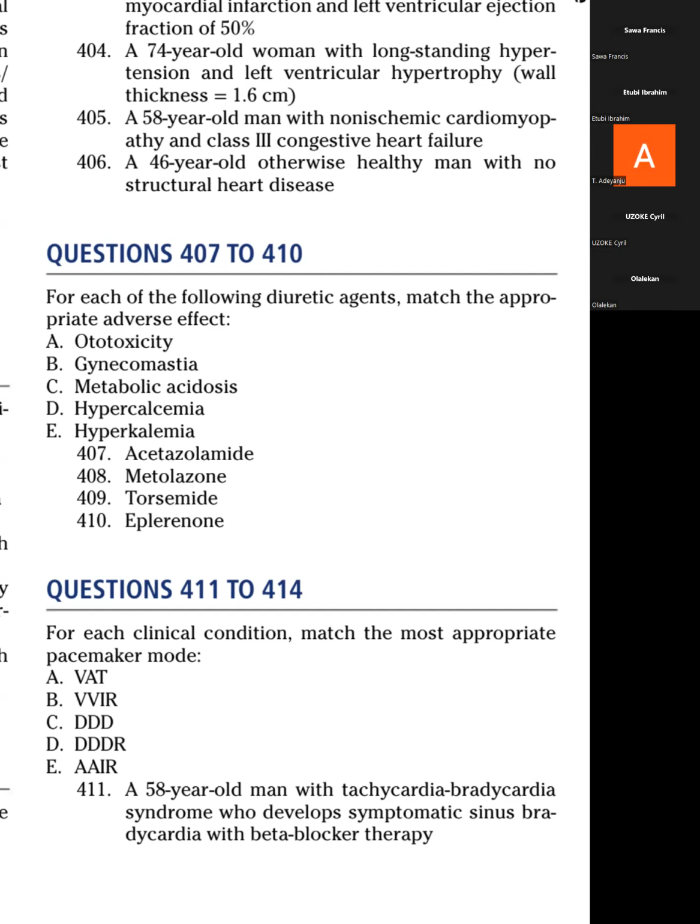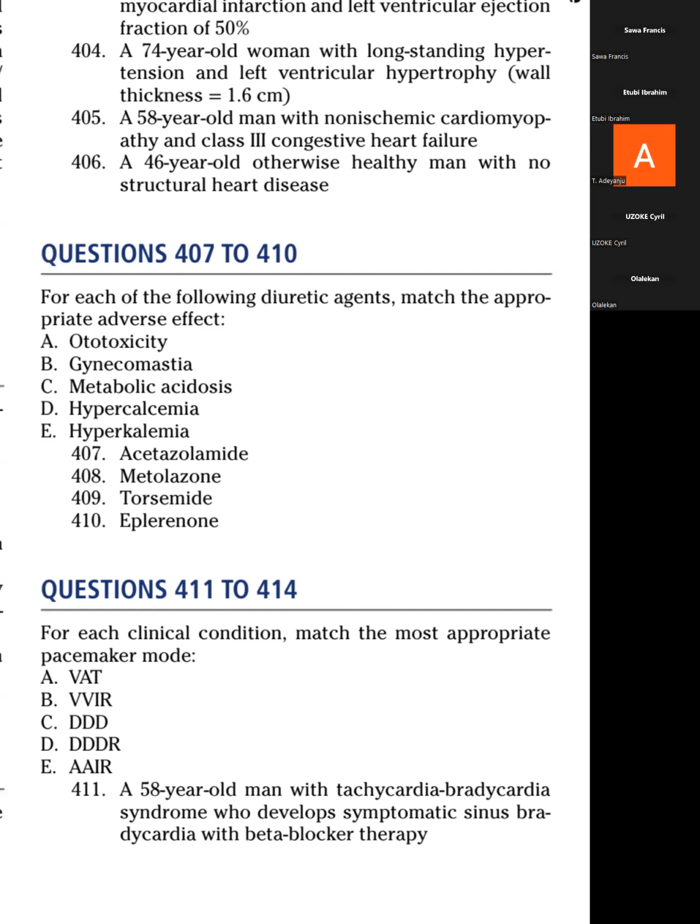Thank you. I asked myself the same question when I looked at it. The only thing is that we're picking an option which is most appropriate. In that question, we don't have anything that is suggestive of chronotropic incompetence. Before you can choose DDDR, there should be something that suggests chronotropic incompetence, and that could be due to an abnormal or absent SA node function.